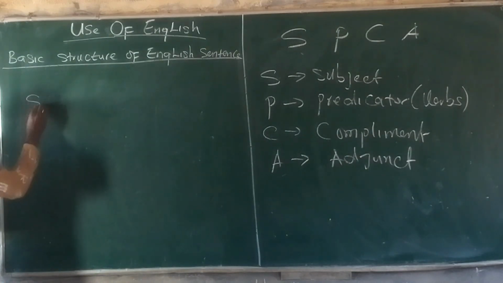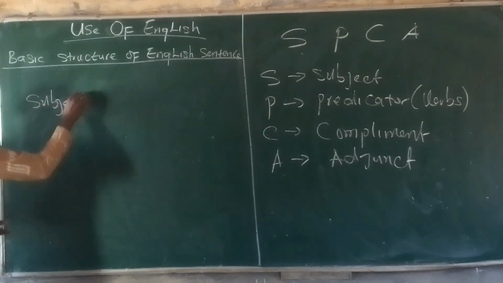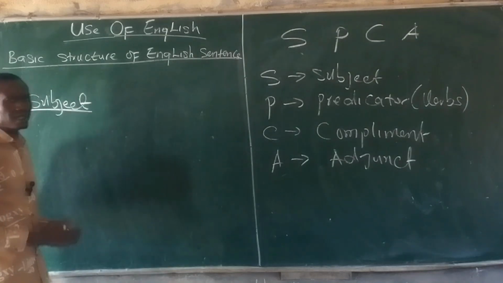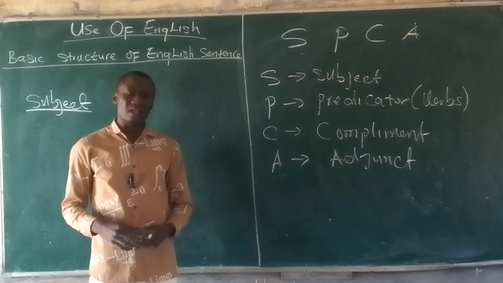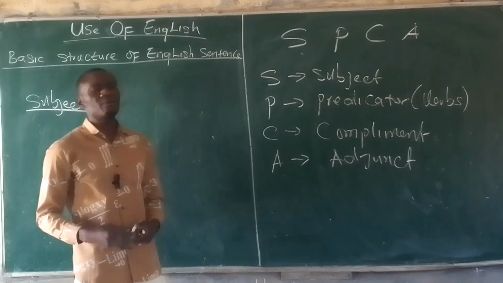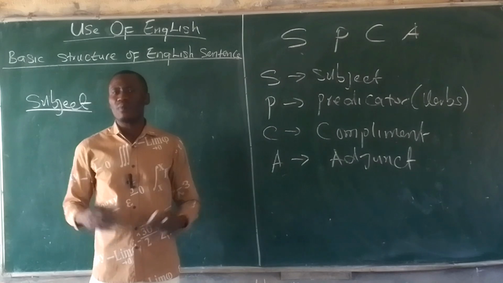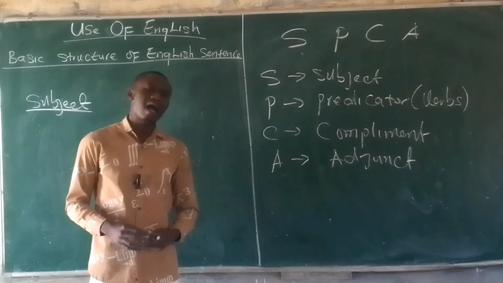Now, we have the subject. What's the subject? The subject is the performer or the initiator of the action. I take it again. The subject is the performer or the initiator of the action.